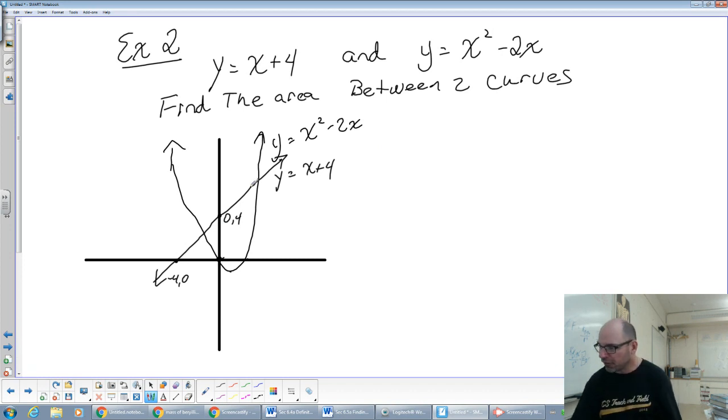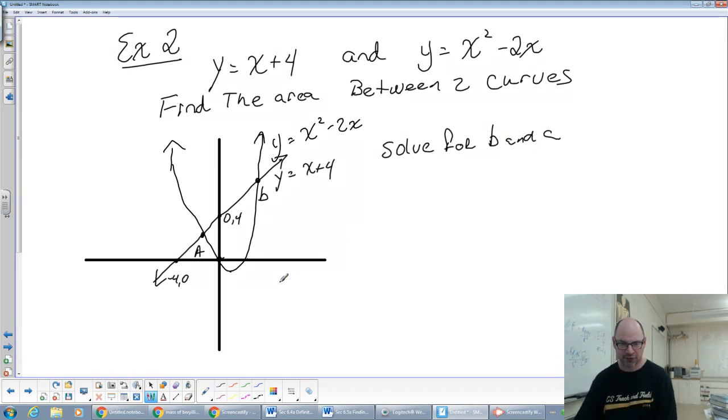So now we've got to figure out what is b and what is a. Okay, so solve for b and a. The first step here would be x plus 4 equals x squared minus 2x.